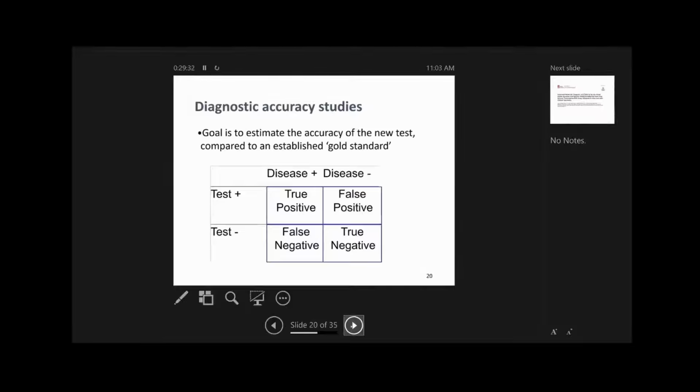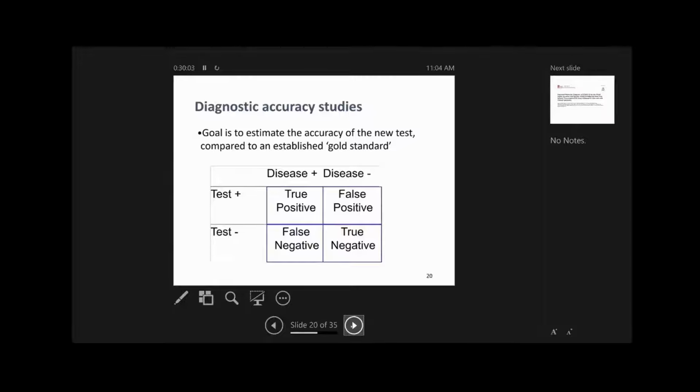And then the next design, and the last one we'll talk about, is diagnostic accuracy studies. The goal is to estimate how good or accurate a new test is compared to the true disease status, which we often get from something called the gold standard. The test is on one side of this 2x2 table, and true disease status is at the top, right? You need a population with suspected COVID, for example.